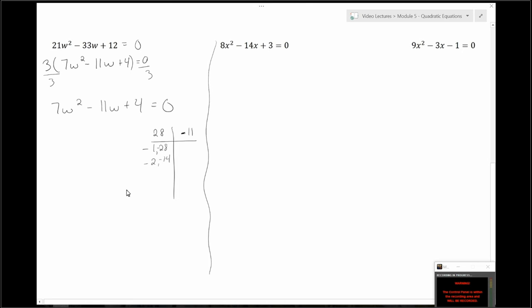I try 4, and I see that's the one that I needed. So I use that. Let me draw this down here so I have room. So I use that negative 4 and negative 7 to break up the middle term.